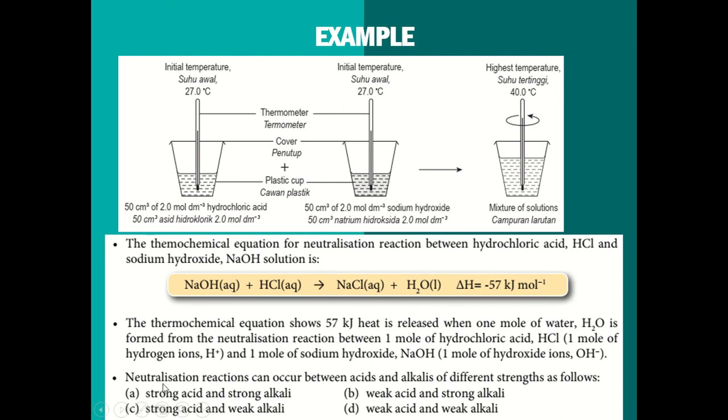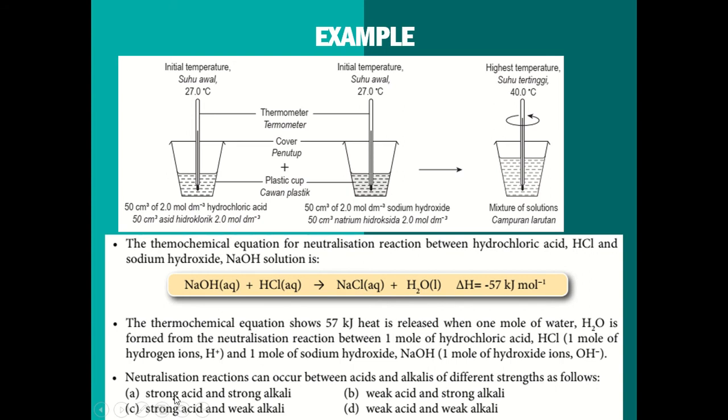Neutralization reaction can occur between acid and alkali of different strength. Yang cikgu cakap tadi ada 4 jenis. So dia depends on the strength of the acid and alkali. Dia punya condition ada 4. The first one between strong acid, strong alkali, ataupun boleh jadi between weak acid and strong alkali, ataupun boleh jadi strong acid, weak alkali, or between weak acid and weak alkali.